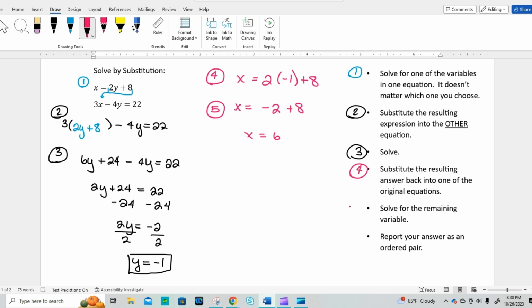And that was step 5, to solve for the remaining variable. And now I have to report my answer as an ordered pair. So I have (6, -1). I want to make sure that is in parentheses with that comma. And so that is step 6.